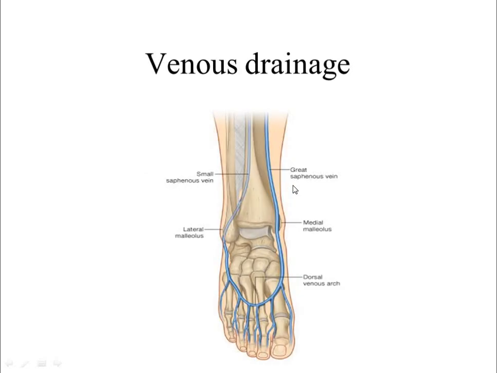As far as the venous drainage of the dorsum of the foot and the leg is concerned, this is via this dorsal venous arch, which is forming near the middle of the shaft of the metatarsal bones via joining of small intermetatarsal veins.